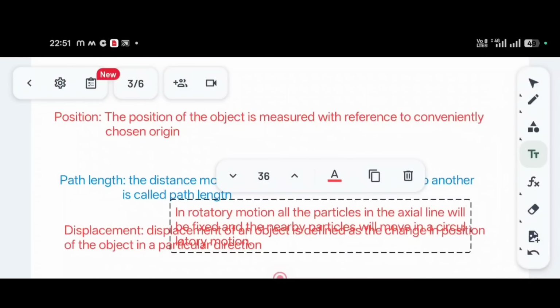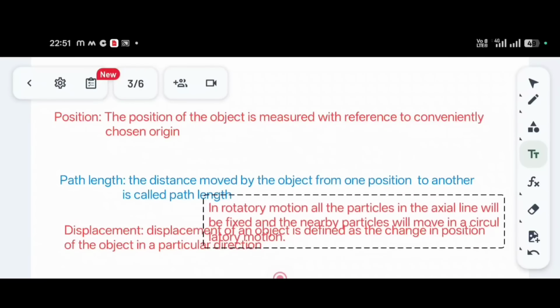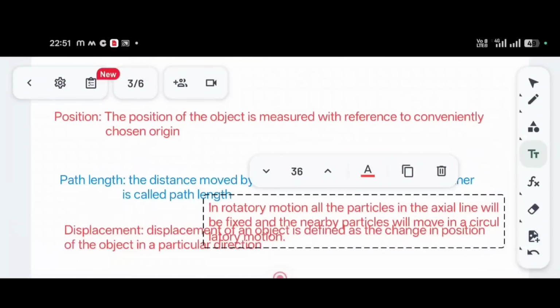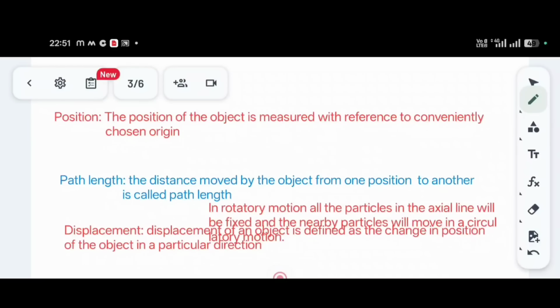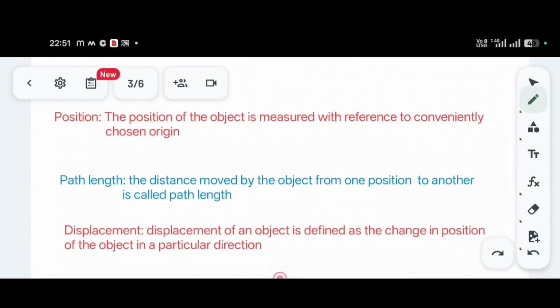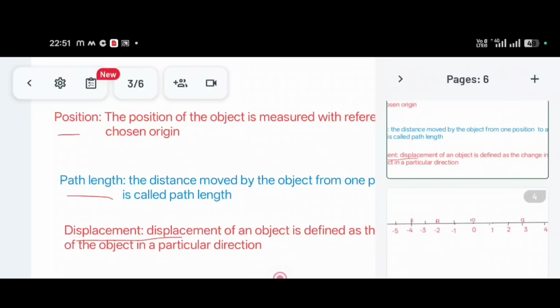So let us see what position, path length, and displacement of a particle are. Now you can see the figure in the next slide.